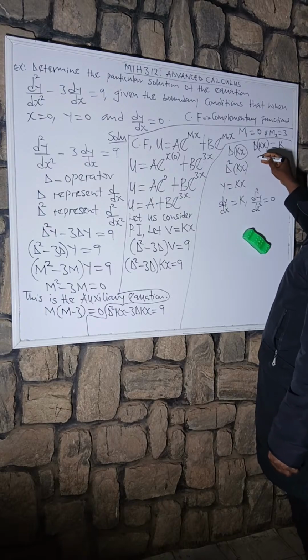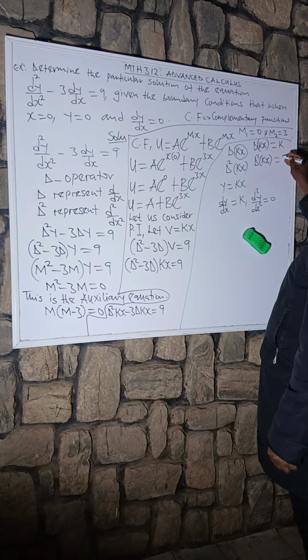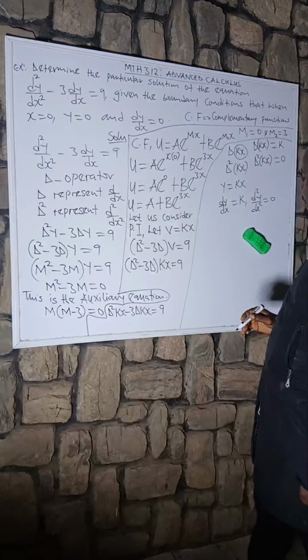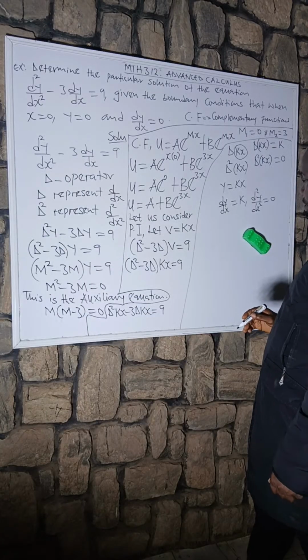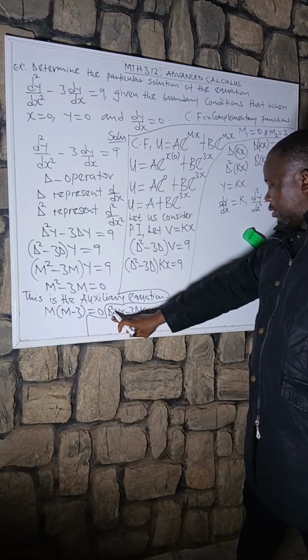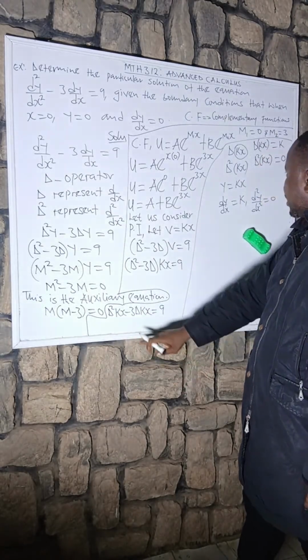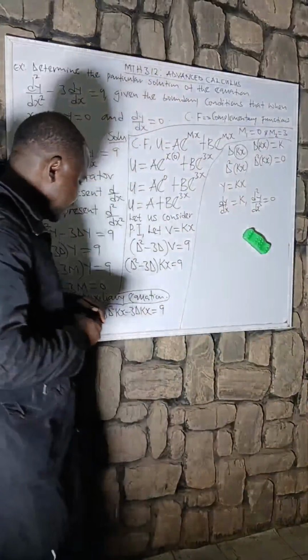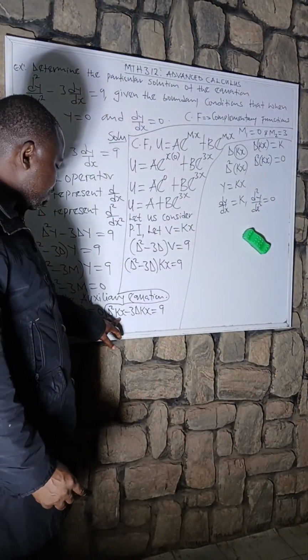Then our D squared (kx) is equals to 0, true or false? Okay. So it means here, look here, already I have explained it. It means here is 0, true or false?